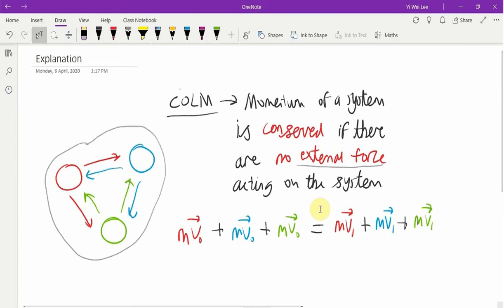So the momentum of the system is conserved. We don't have to worry about anything in this case.